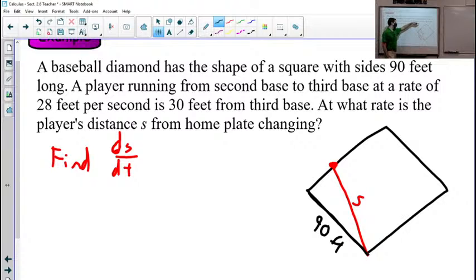No matter where the player is, this distance stays the same. The distance that changes is the distance from third base. So this distance is changing.